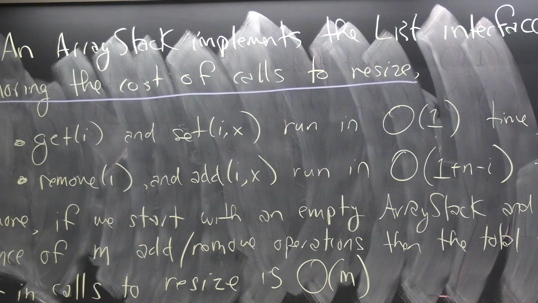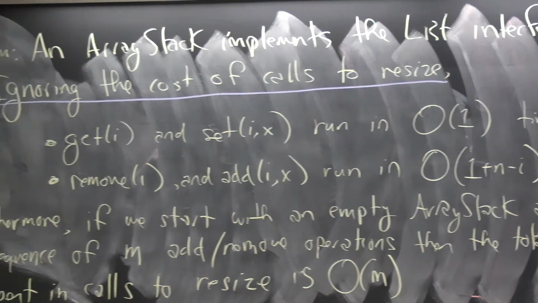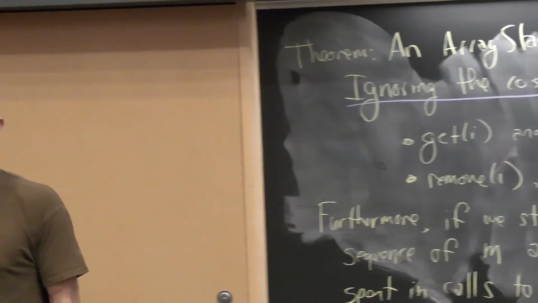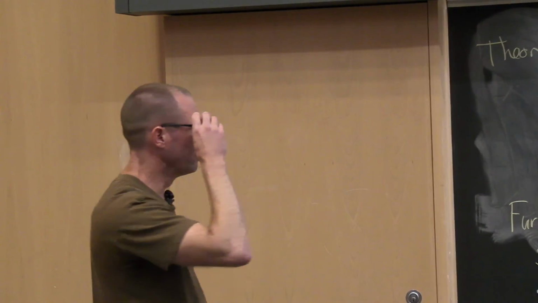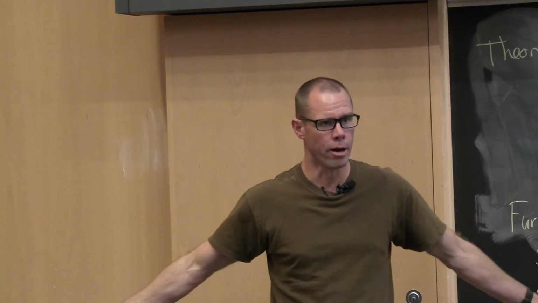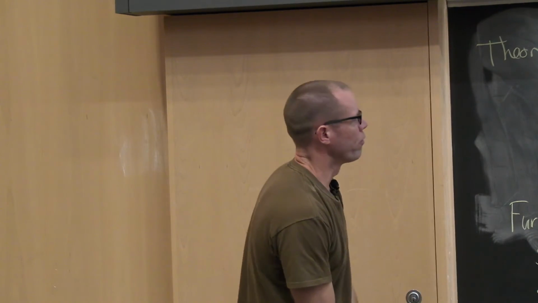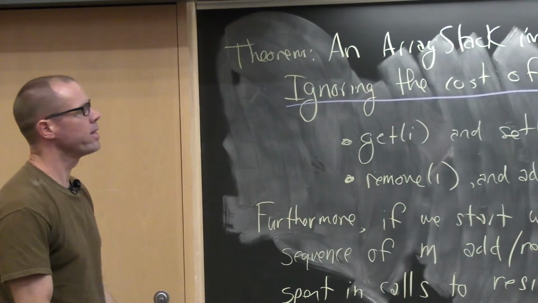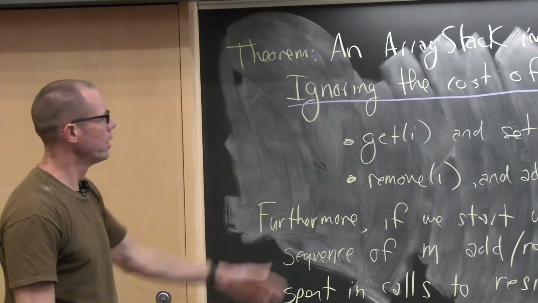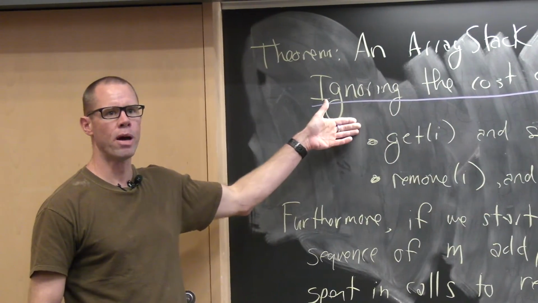So this says that the typical thing is you start with an empty array stack because you just create it as a new object. Then you do a whole bunch of operations on it. And if you forget about the cost of the resizing that happens during those operations, this describes the running time of those operations.